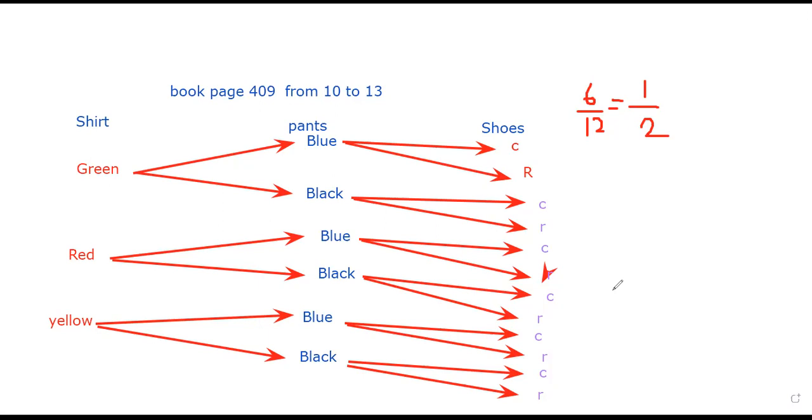2 parts. How? Here we have red, right? She can choose red, and also from the shoes she can choose red. So we want no red.